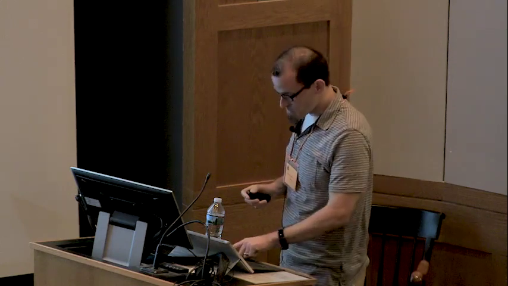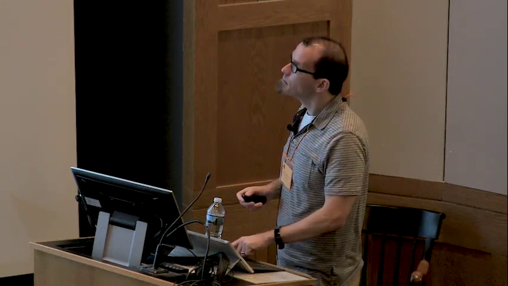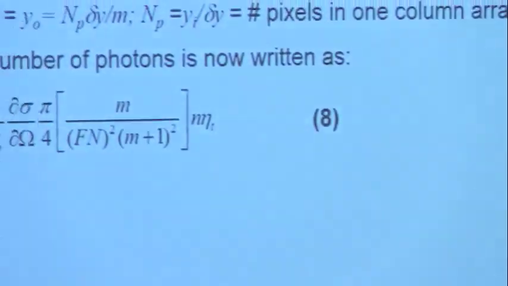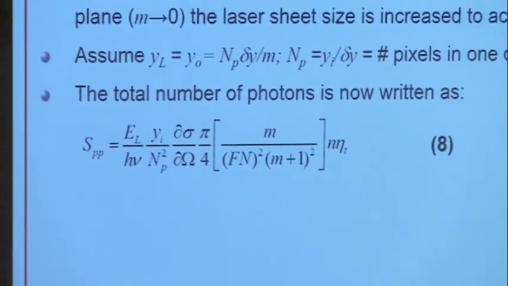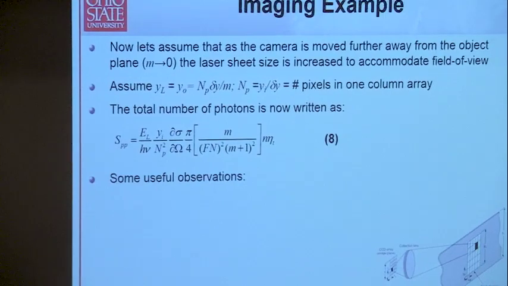So again, we're assuming that the laser sheet is always at the field of view y naught. So we change the magnification, we keep making our laser bigger and bigger. So now we get a different expression for the total number of our photons. Okay? It's still a function of M, magnification, but now we can see the magnification actually lies in the numerator, and we have this M over M plus 1.